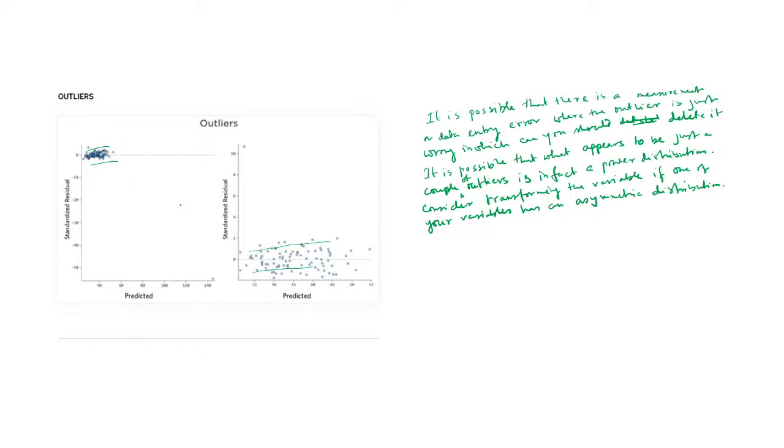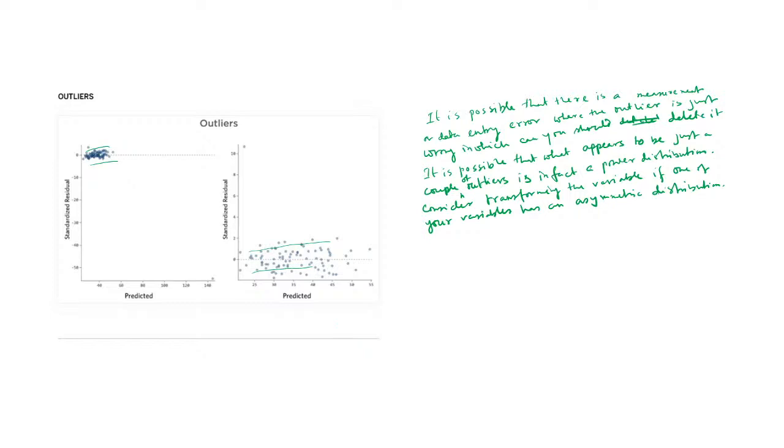In that situation, the solution is to just omit the outlier. Sometimes the outlier may be legitimate; in that case you should assess the impact of the outlier. Or the solution is to transform the variable.